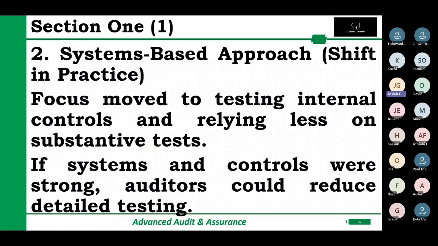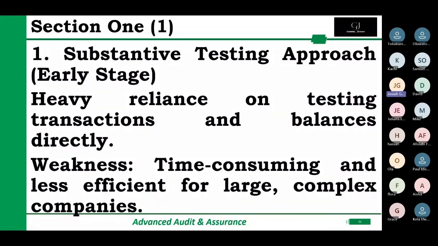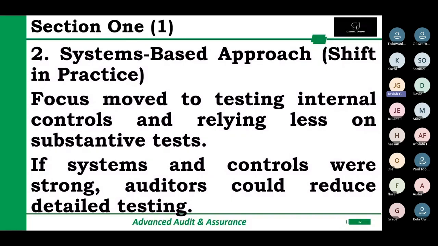But the system-based approach is a shift in practice because the focus moved to testing internal controls, because it's the internal controls that produce most of the output. So this shift from the substantive testing approach to system-based testing, especially where ERPs are involved, relies more on internal controls and less on substantive testing. So if systems and controls were strong, auditors could reduce their detailed testing.